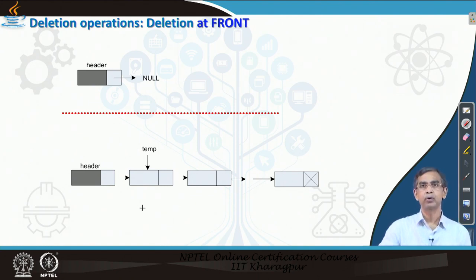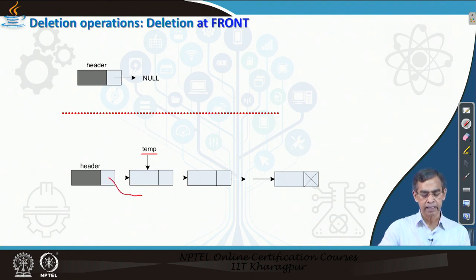So, first we have to go to the first node, let the first node be temp. Then once you know the first node, from the first node we know the link field, the link of this node, that means this basically links to the next node. So, what we do is we just assign the pointer of header dot link by the temp dot link.